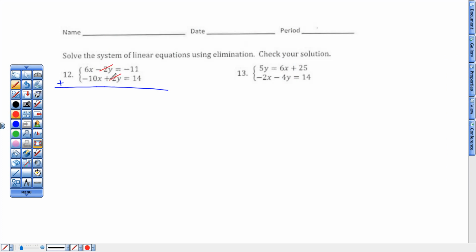They're opposite. So what I have left is this 6x minus 10x, and that gives me negative 4 of those x's. Negative 11 plus 14 is going to give me 3. And let me just check that work, because it looks like it's going to be giving me a fraction here.